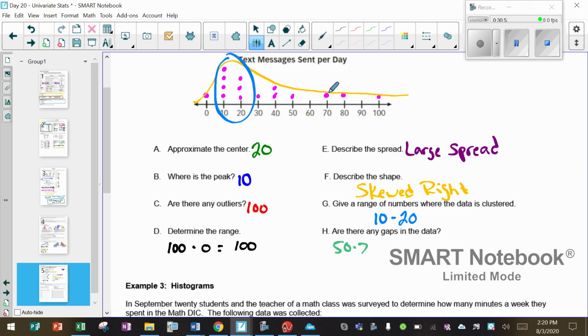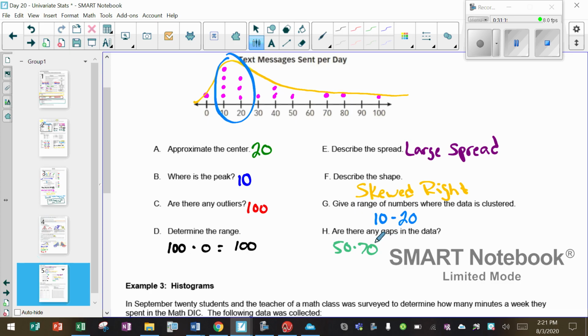But because there are 2 data points after the 50 before the outlier, there's a gap that jumps from 50 to 70. If there's a space between a group of data and 1 number, and only 1 number, that's more like an outlier. So our gap is from 50 to 70.